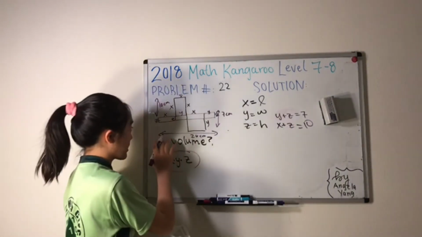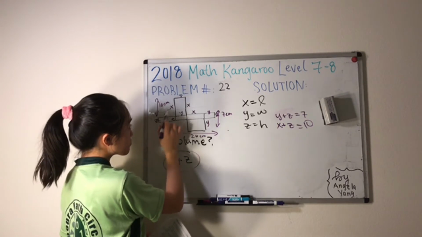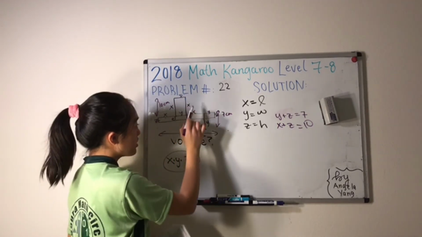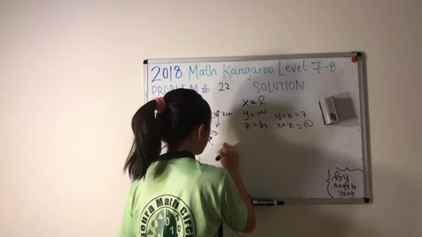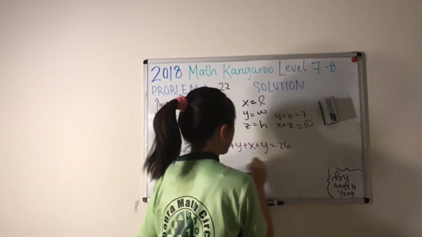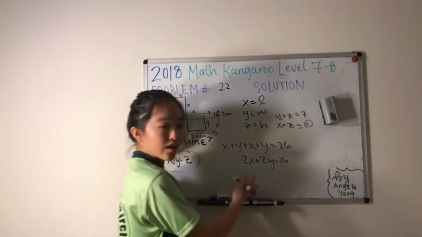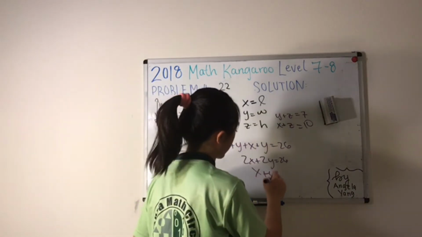And now 26: we have x, y, x, y. So x plus y plus x plus y equals 26, which is 2x plus 2y equals 26. Now let's factor out the 2 to get x plus y equals 13.